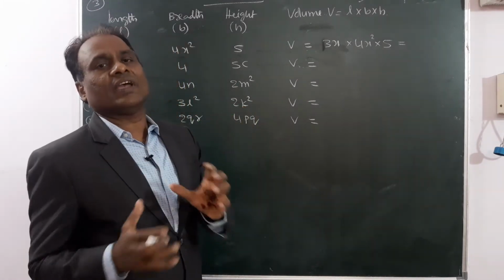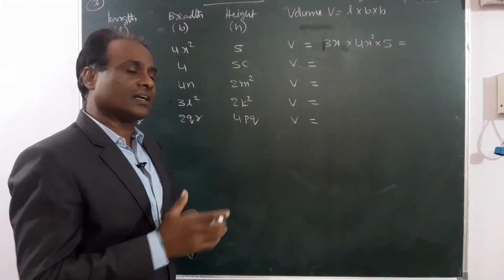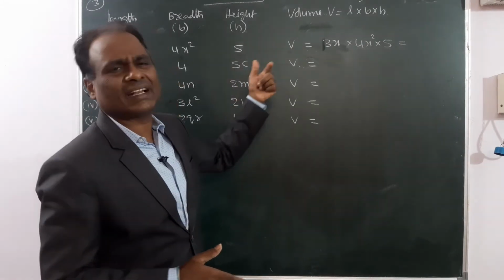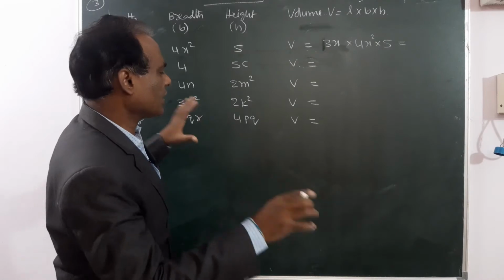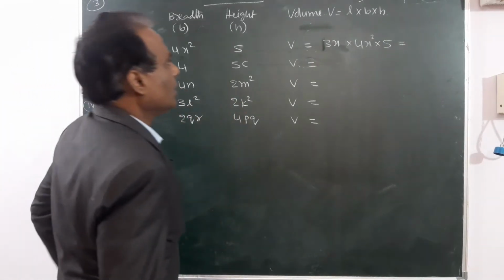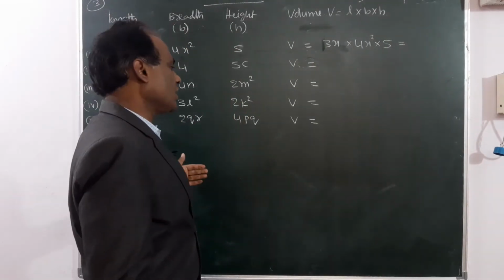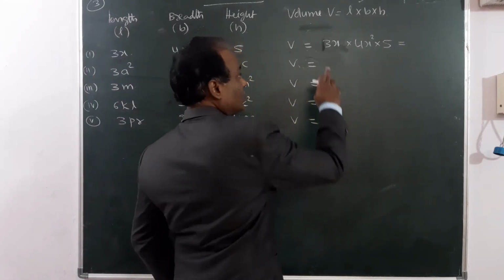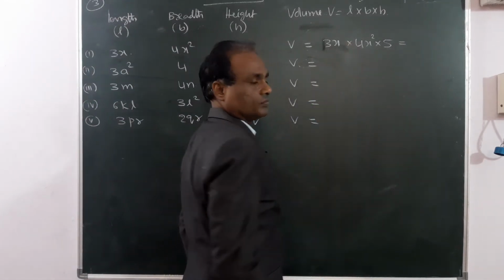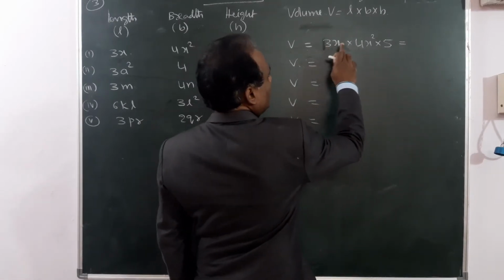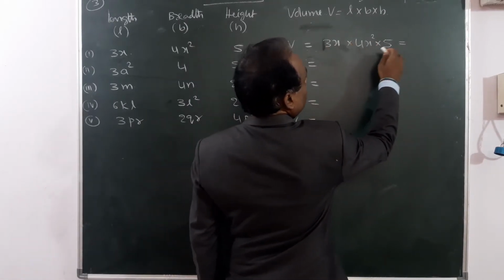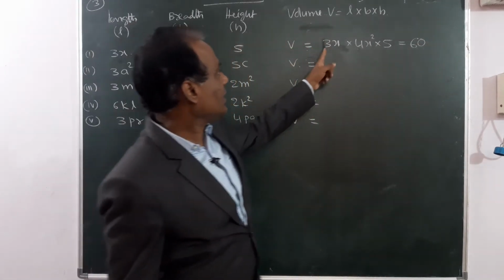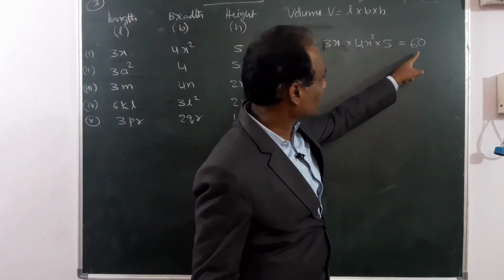In a detailed way we have to multiply step by step, as I explained, but here let us write the direct answers, because we have to fill this box and can't write full steps here. First multiply the constants. 3 into 4, 12, 12 into 5 is 60.